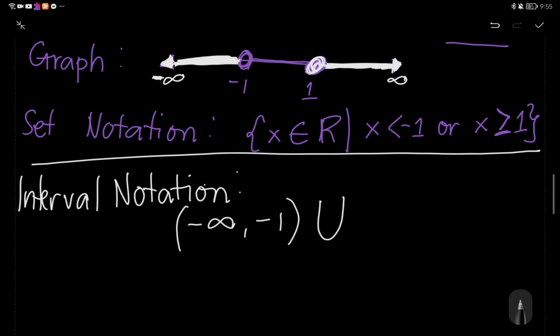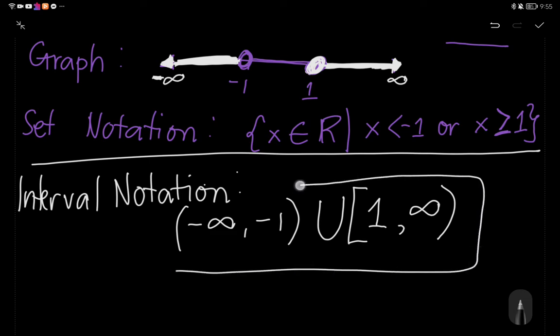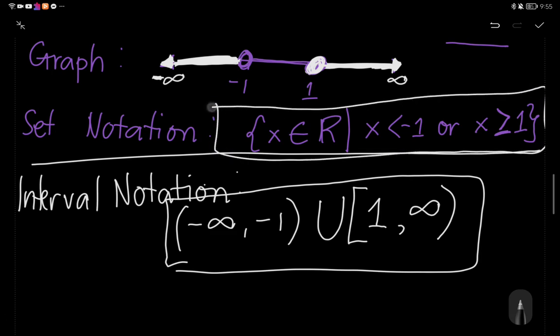Padulong datto. Since shaded man si positive 1, we will use bracket. We're going to use 1 to positive infinity. Okay. So in interval notation, this is our answer. Pero kung set notation, kanilang siya.